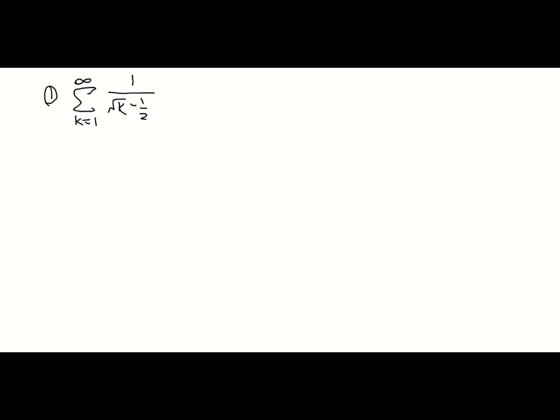So we have a constant term in the denominator, that negative 1/2. So if I delete that, I can say this series behaves like the series from k equals 1 to infinity of 1 over the square root of k, for the reason that we know deleting a constant term in the denominator won't affect convergence or divergence.